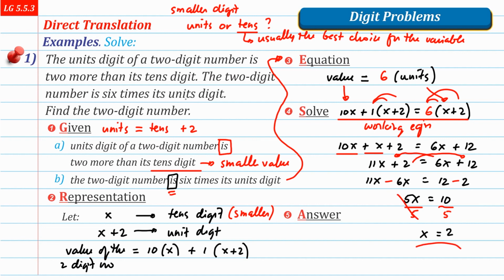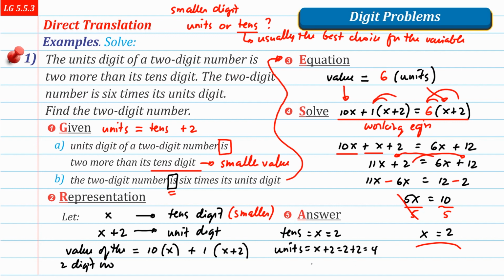But what are we looking for? Find the 2-digit number. Ang tens digit natin is x, therefore 2. Ang units digit natin, babalikan mo, it's x plus 2. Therefore, 2 plus 2, which is 4.